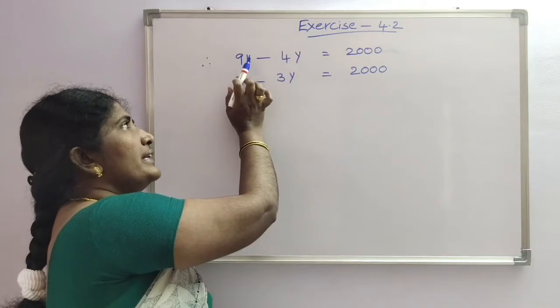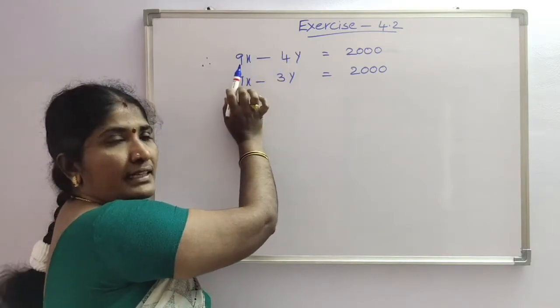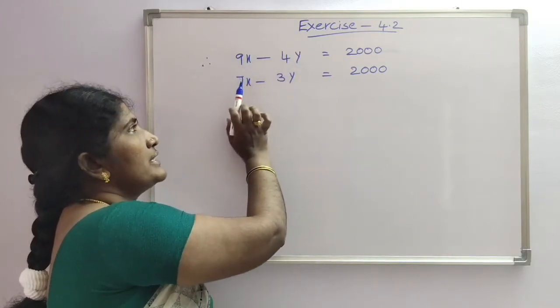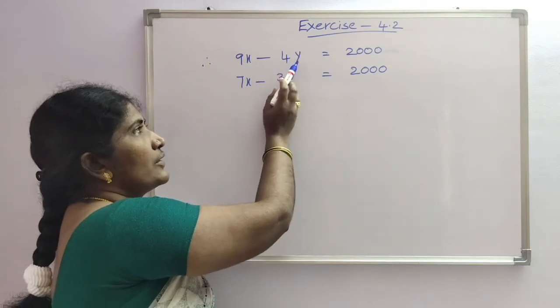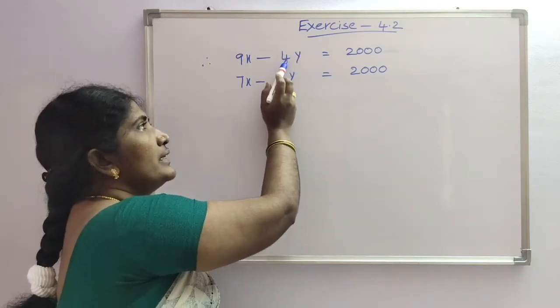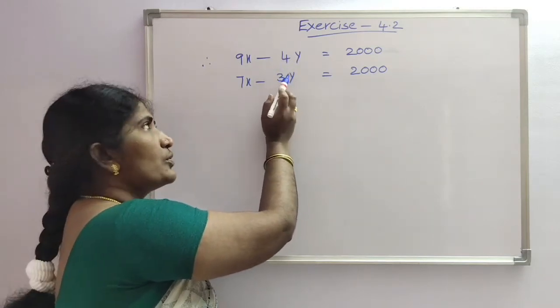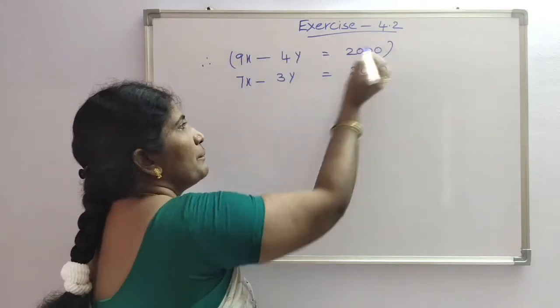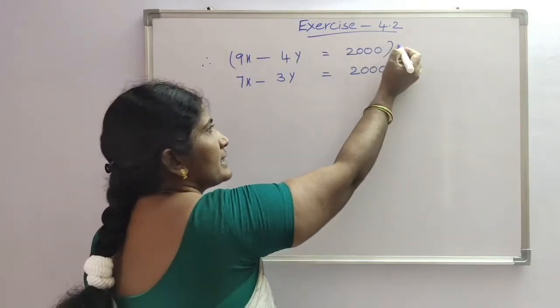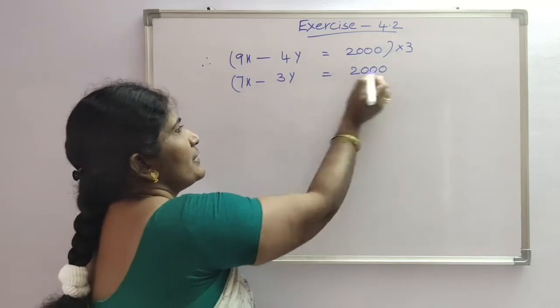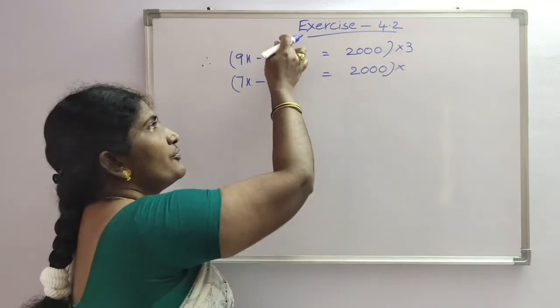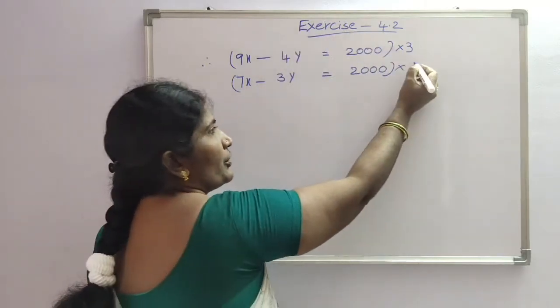Here equalize any one of the coefficients, either x or y. Here it is better to equalize the coefficients of y, because here there is no common factor. So this first equation we should multiply with the coefficient of y, that is 3. And this second equation we should multiply with the coefficient of y, that is 4.